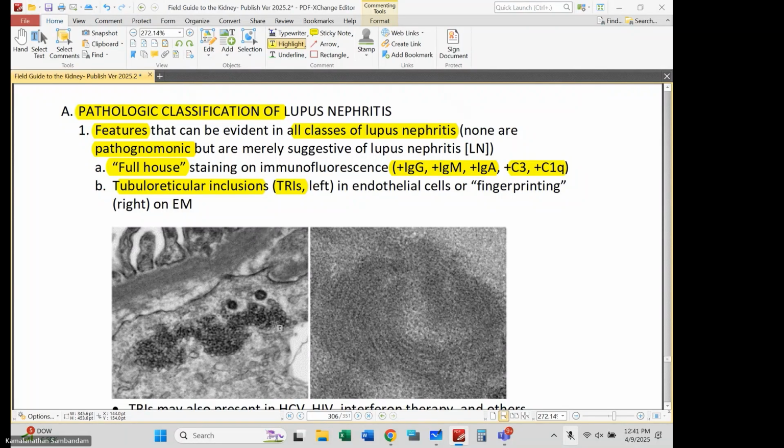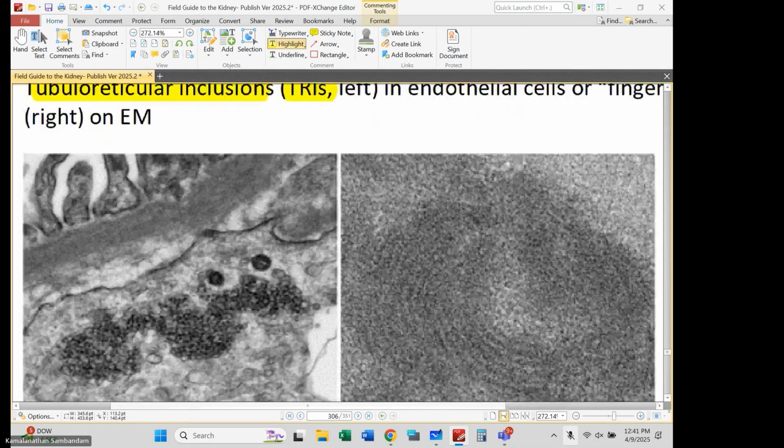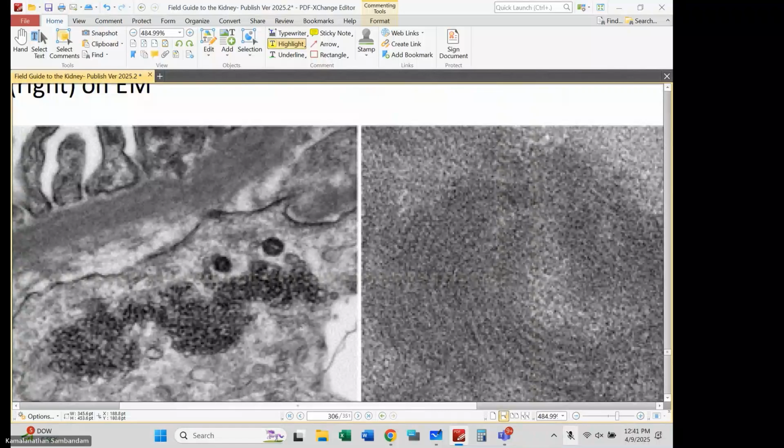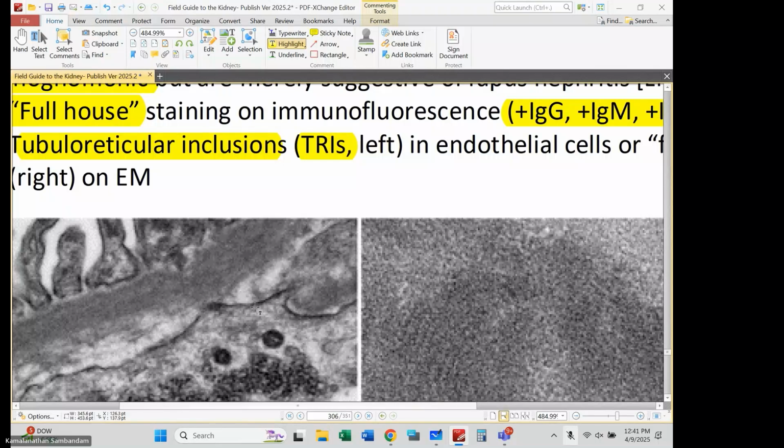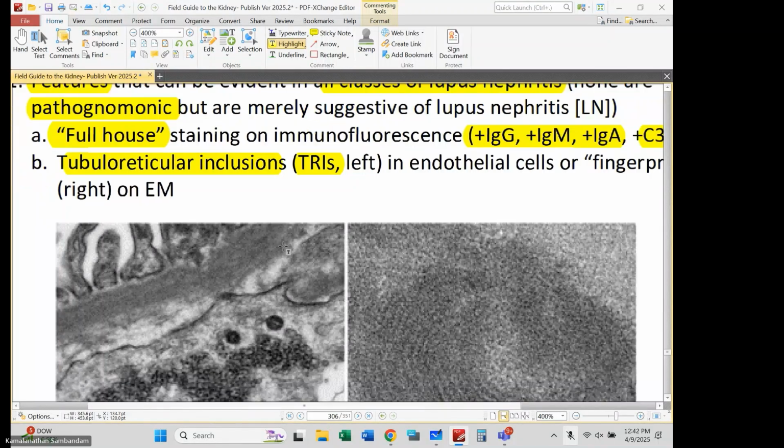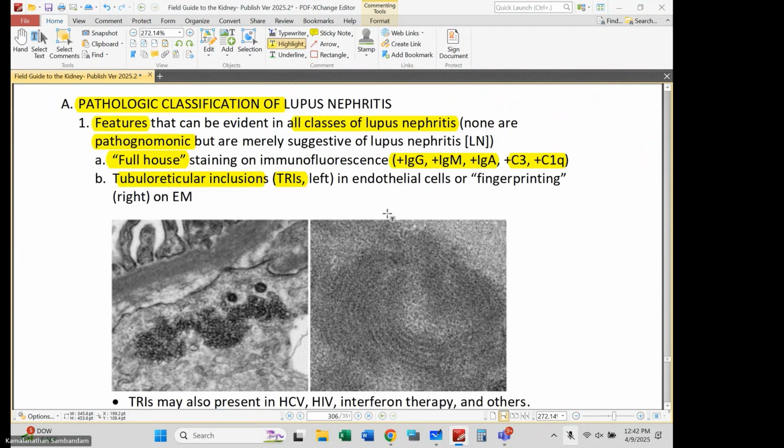Here's the endothelial cells. So notice that these kind of round structures, tubular structures within the endothelium are these tubular reticular inclusions, which are felt to be organized ribosomal RNA. Okay, that happens under the influence of systemic inflammation, in particular with high interferon levels.